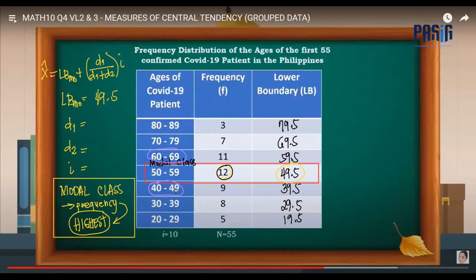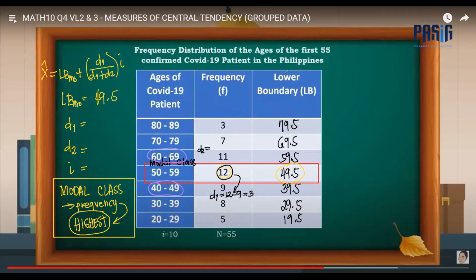So yung lower class natin in terms of modal class is 40 to 49. So ima-minus natin yan. Okay? So ang ibig sabihin yan, that is 12 minus 9, which is equal to 3. How about the next upper or the D sub 2? Kasi ito D sub 1 to eh. This is D sub 1. How about for the D sub 2?